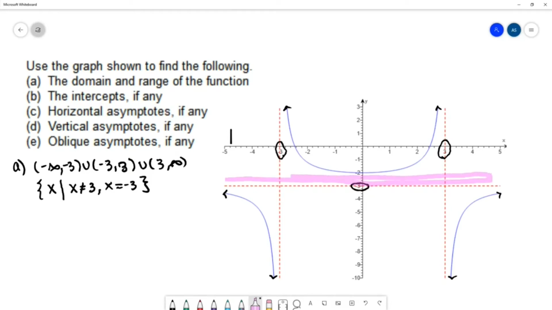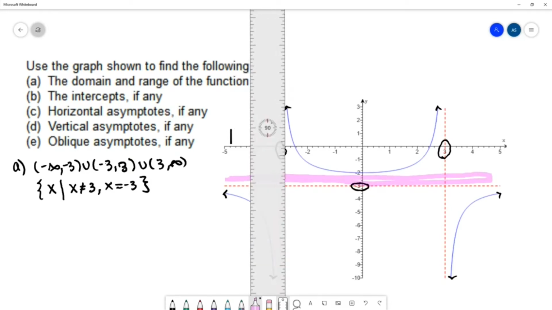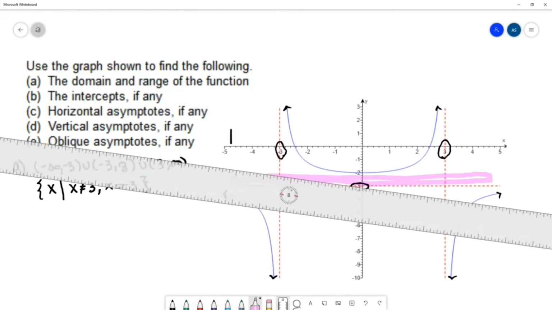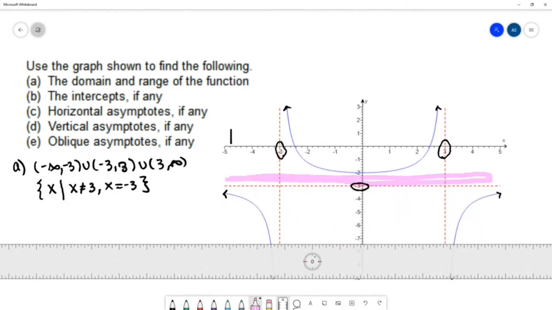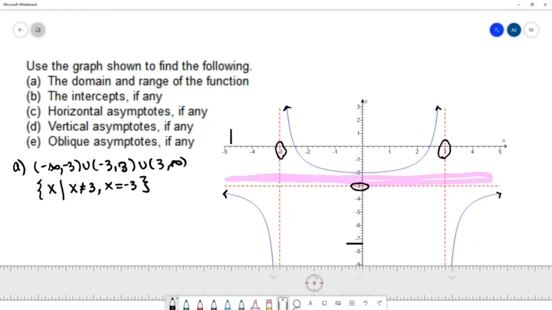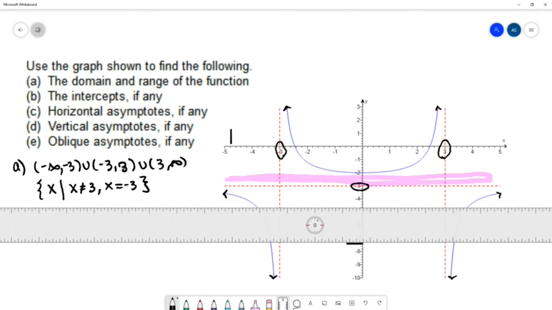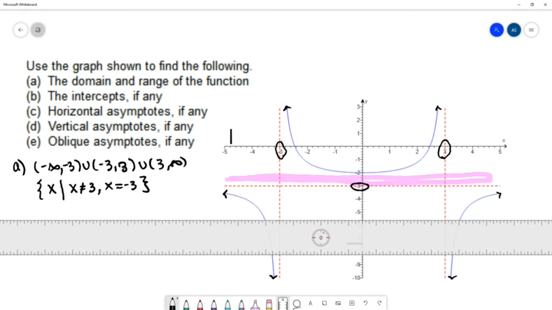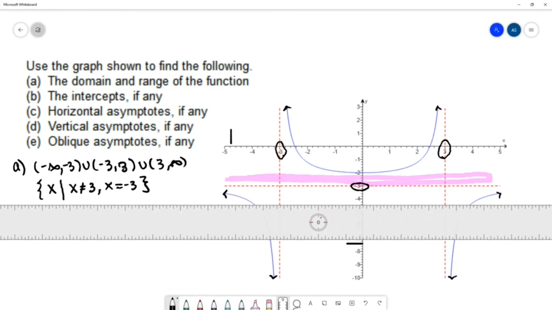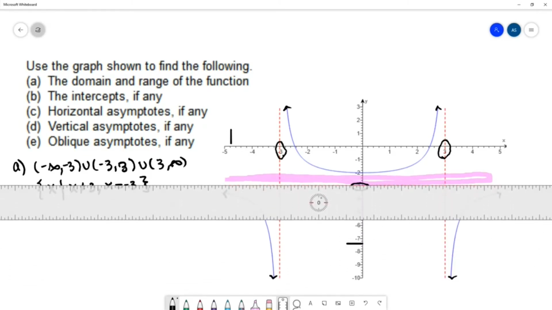You could also use the ruler again and hold it horizontally, because you're pointing at the y scale now, and range is the y values. So you can see that down here, my ruler is touching the graph, so that means that this graph has all of these y values below the horizontal asymptote.